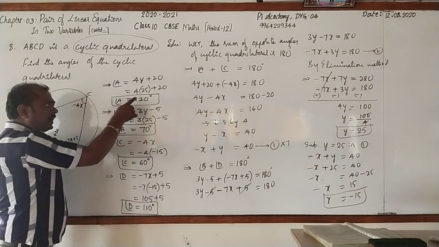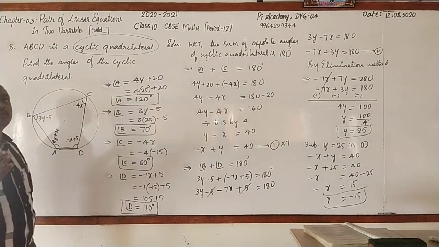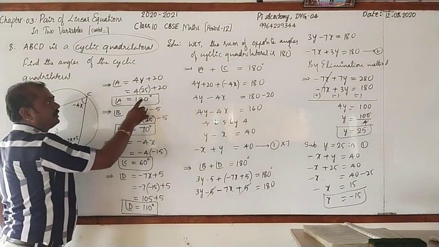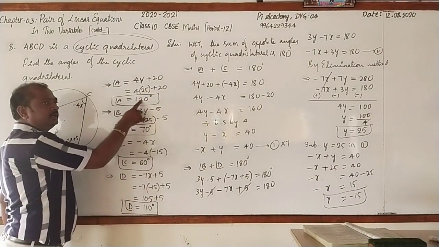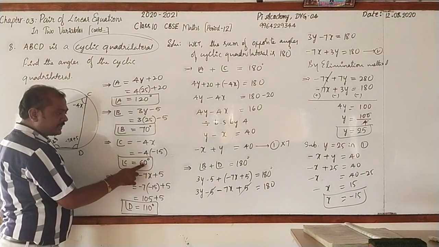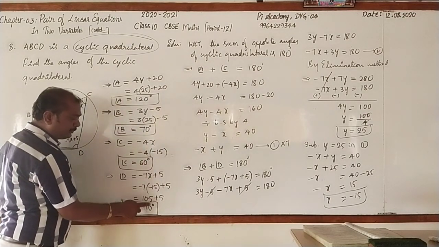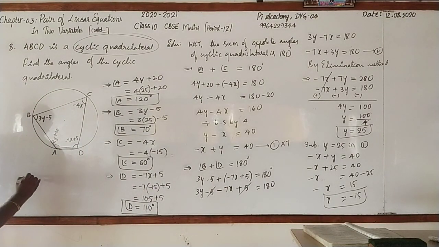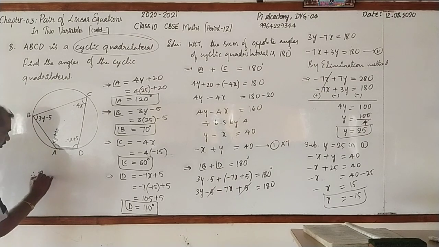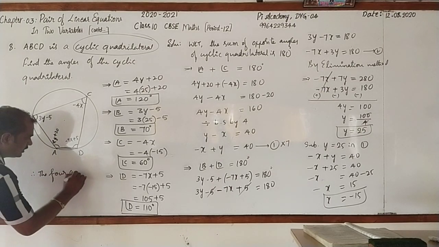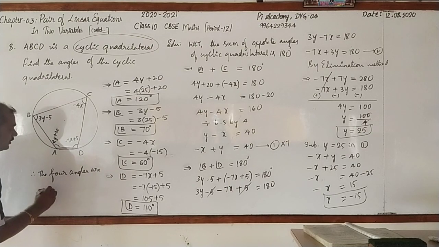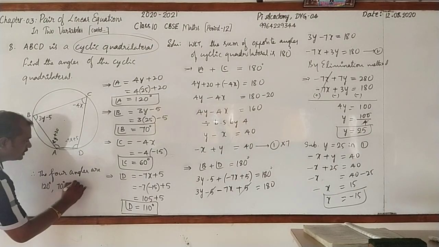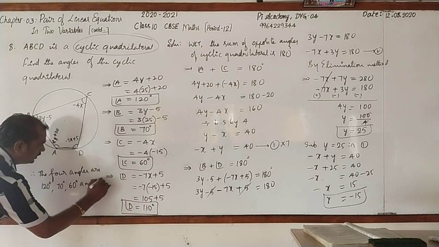When you add all the four angles, the sum should also be 360. Add this. 120 plus 70 is 190. 190 plus 60 is 250. 250 plus 110 is 360. So, I'll write the conclusion. Therefore, the four angles are 120 degrees, 70 degrees, 60 degrees and 110 degrees.